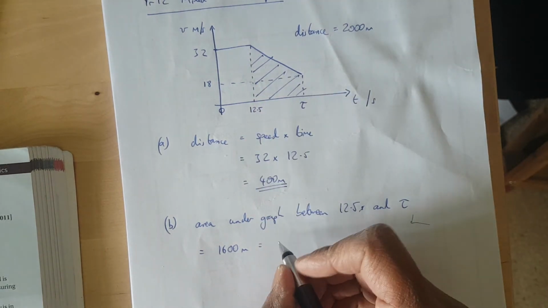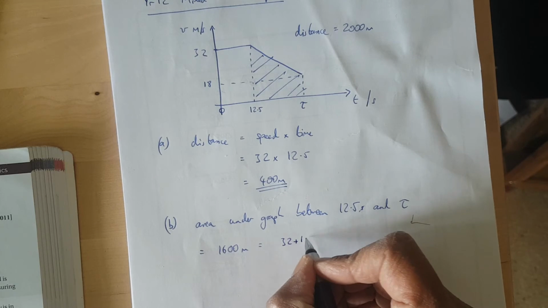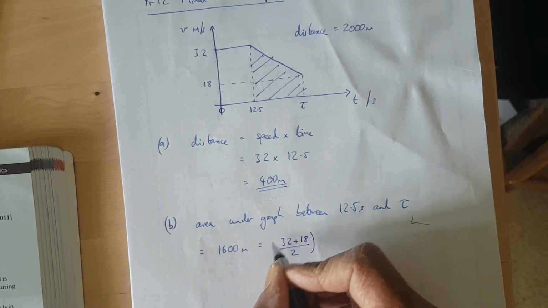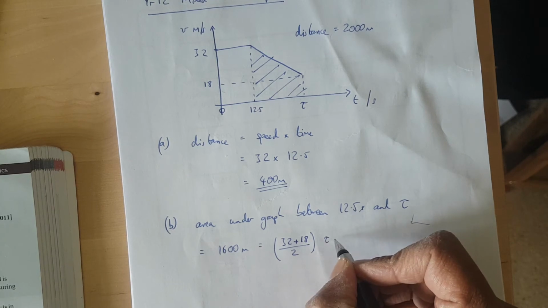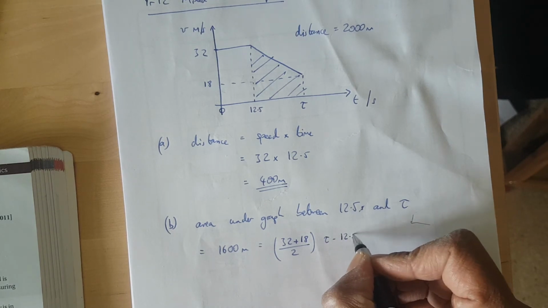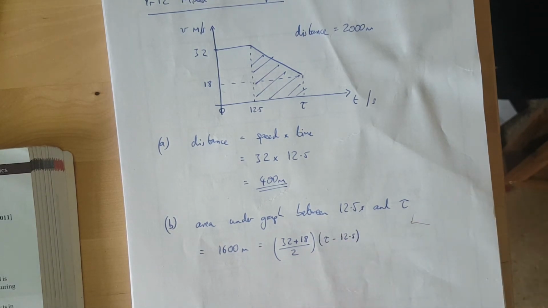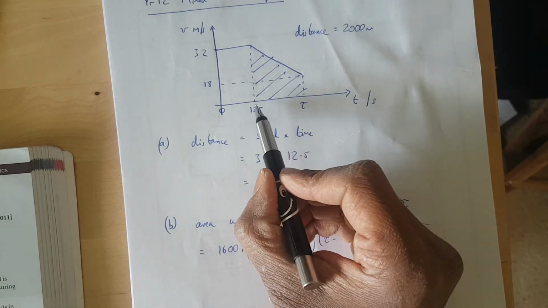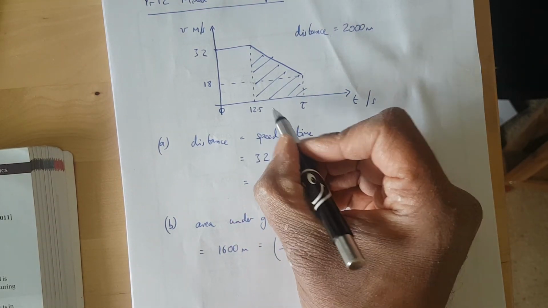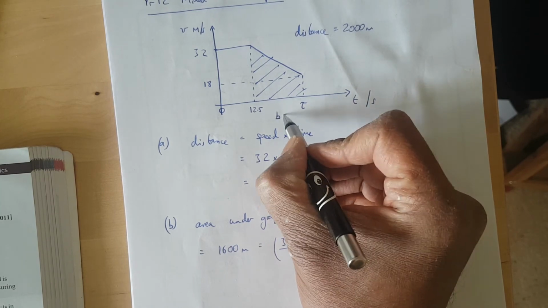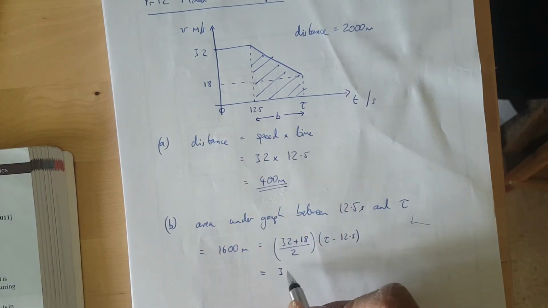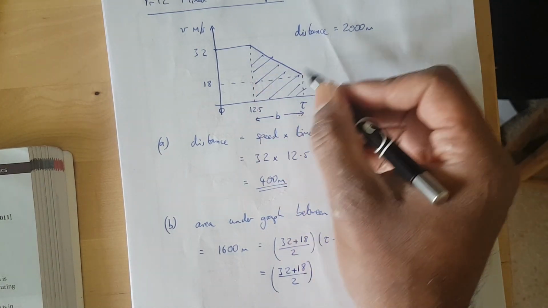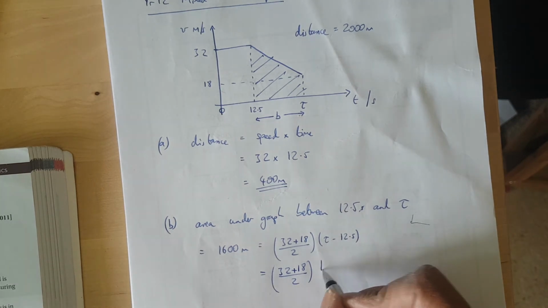But it's also equal, remembering it's a trapezium, to the average of the two parallel sides, 32 plus 18 over 2, multiplied by the distance, which is tau minus 12.5. For clarity, let's make this even simpler. Let's say that time is some time b. So I can say 32 plus 18 over 2, the average of two parallel sides, times the height here, which is b.